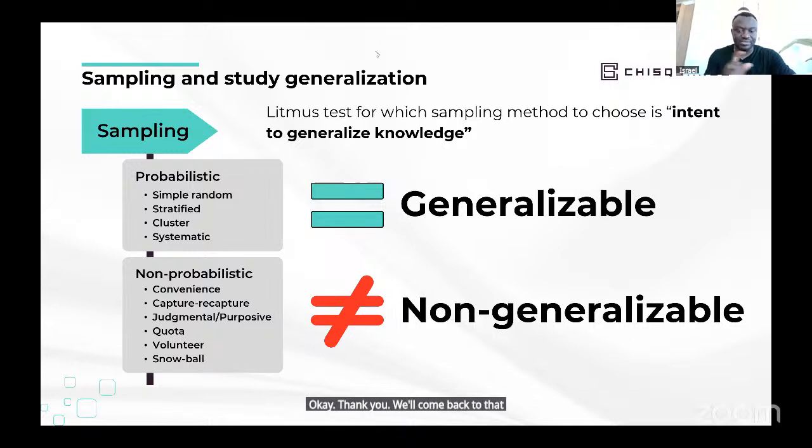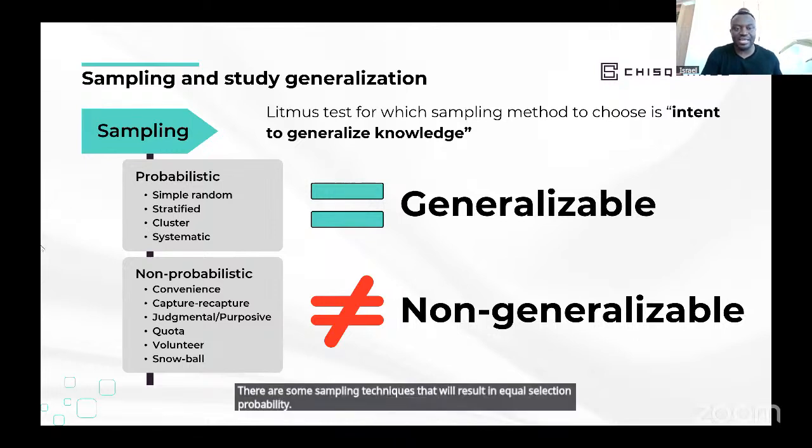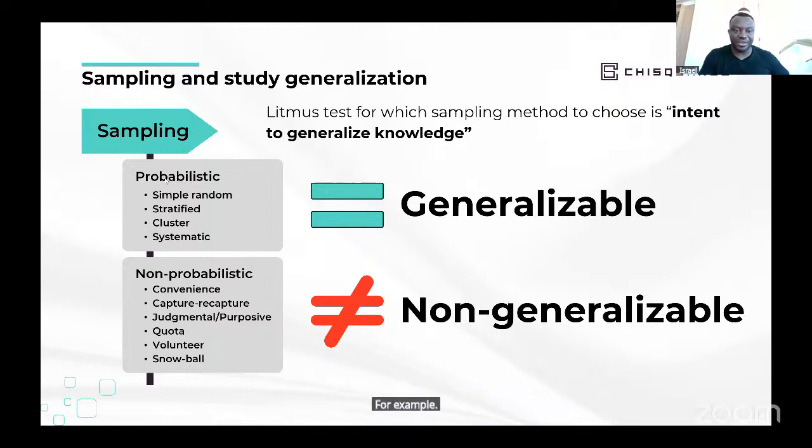One last opinion. But before we leave that, it is possible, but it's not always possible, right? That's the point we're trying to make. There are some sampling techniques that will result in equal selection probability. For example, what we have here.